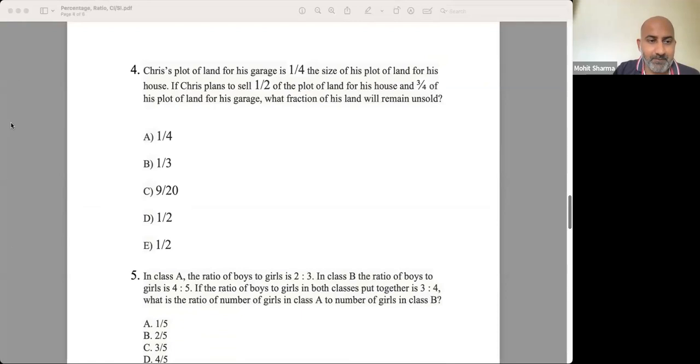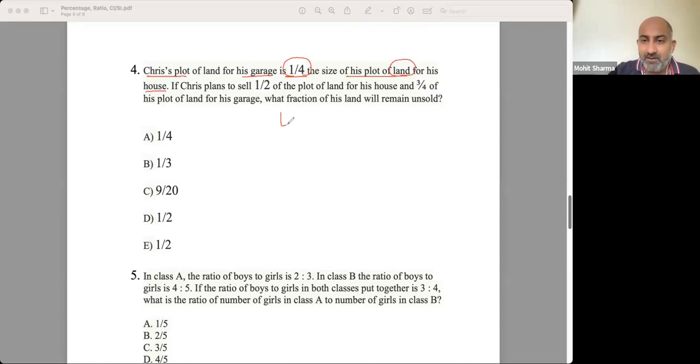Fourth is also similar. Chris' plot of land for his garage is 1/4 the size of his plot of land for his house. So the garage is 1/4 of the land.